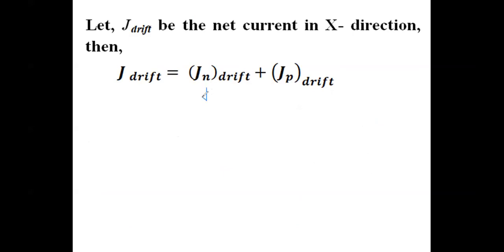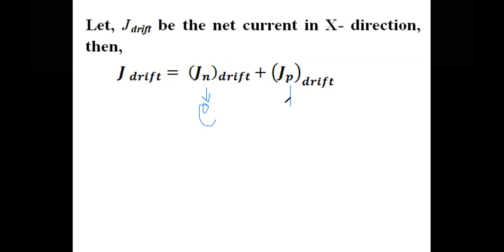Electrons are going to constitute some current within the electric field, which is known as electron drift current density. Similarly, holes are present in the semiconductor, and these holes are also going to produce some current. This current density coming from applying the electric field due to the holes is known as hole drift current density.